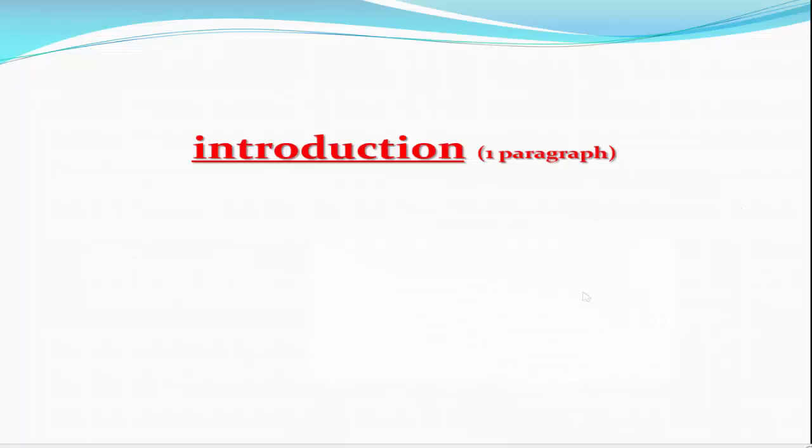For the introduction, we will write 1 paragraph: the school name, its location, my feelings. You can write my school is Doha Independent Prep School, Osama bin Zaid Independent Prep School for boys, and so on.